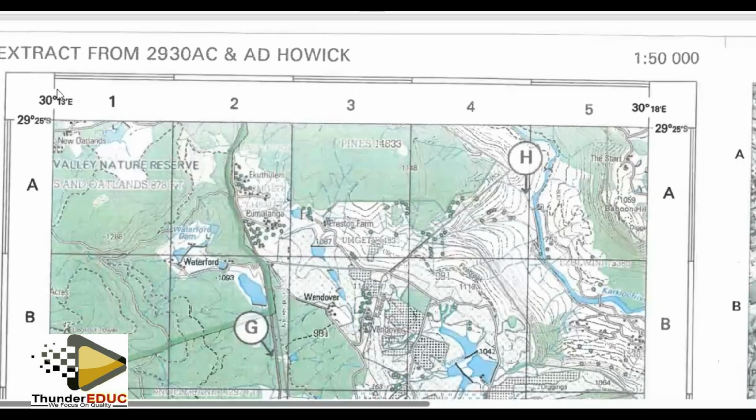So this is our 2930, and as you can see, 29 shows a latitude and 30 shows a longitude. I know the latitudes are numbered south, longitudes increase to the east. So the answer for this case will be 29 latitude and 30 longitude, which is B.